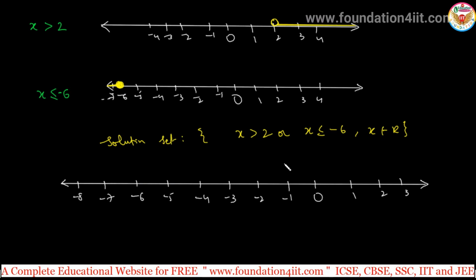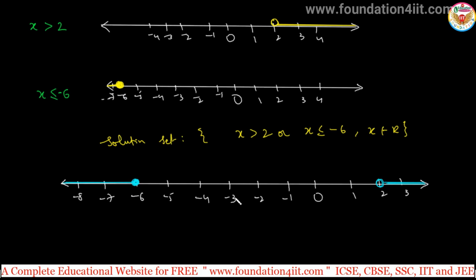First one is x is greater than 2. 2 is not included, all the values are on this side, and minus 6 with a darkened circle and to the left, because x is less than or equal to minus 6. So this is the graph of the solution set, x is greater than 2 or x is less than or equal to minus 6, together. This is combining inequations.